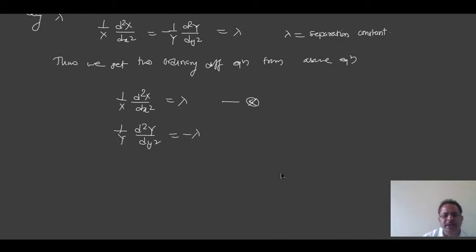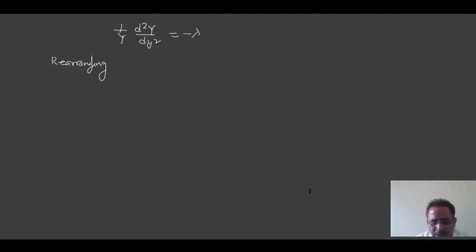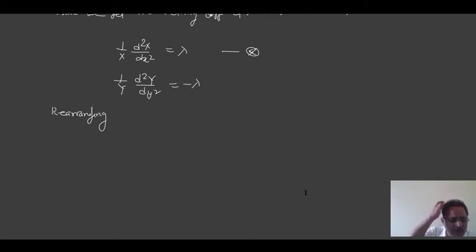This minus sign can be taken on the right hand side. One is lambda, the second is minus lambda, and therefore we rearrange this. I am going a bit slow here just for a reason, to understand this. From the next problem onwards we are not going to be this slow.